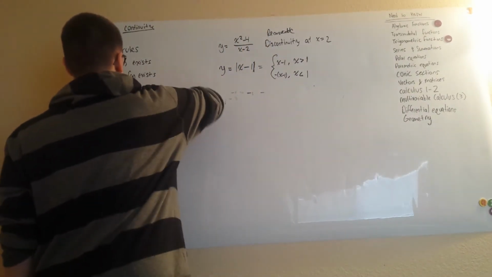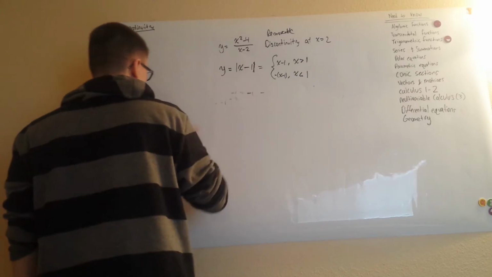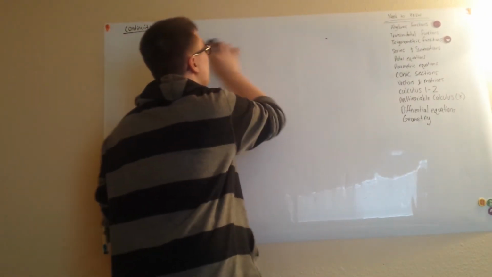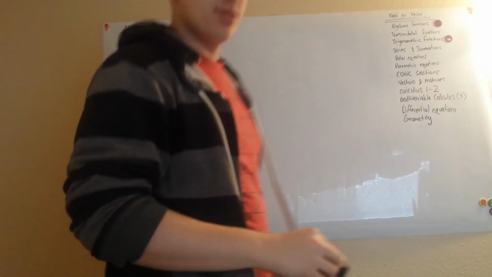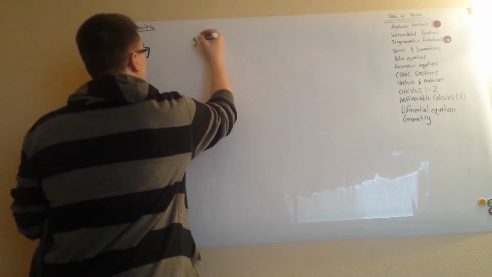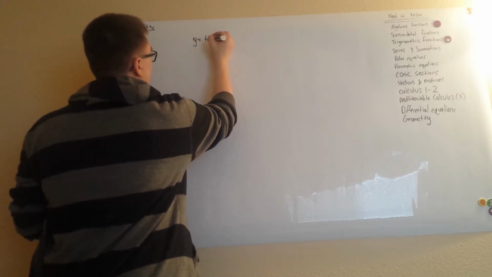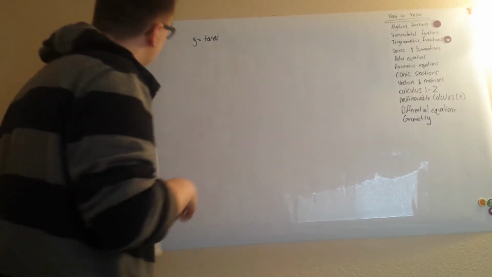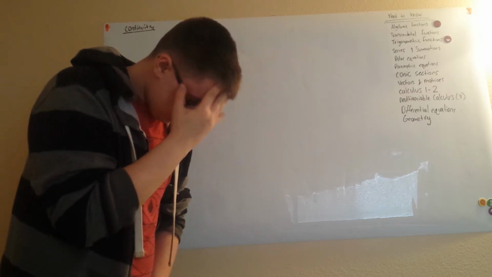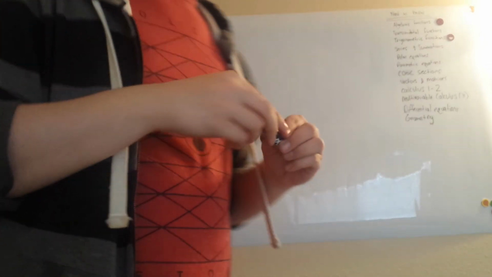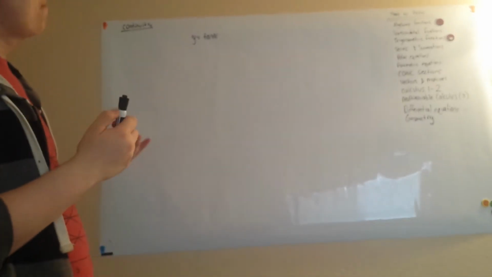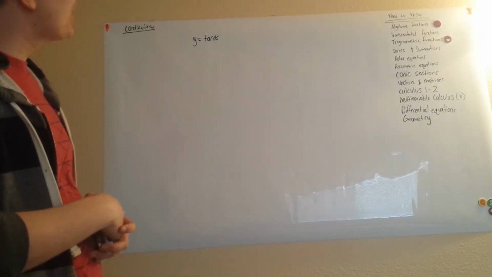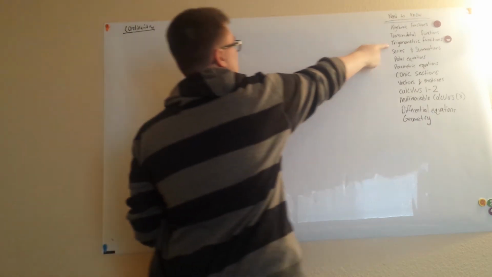Now let's talk about our trig function, and then we'll be done. So let's talk about tangent real quick. We have enough time. Okay. Tangent x. Where does tangent have discontinuities? Well, it's a trig function.